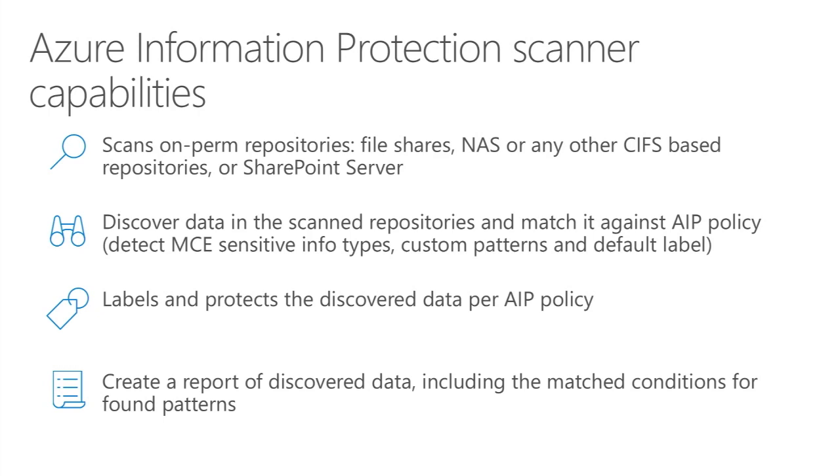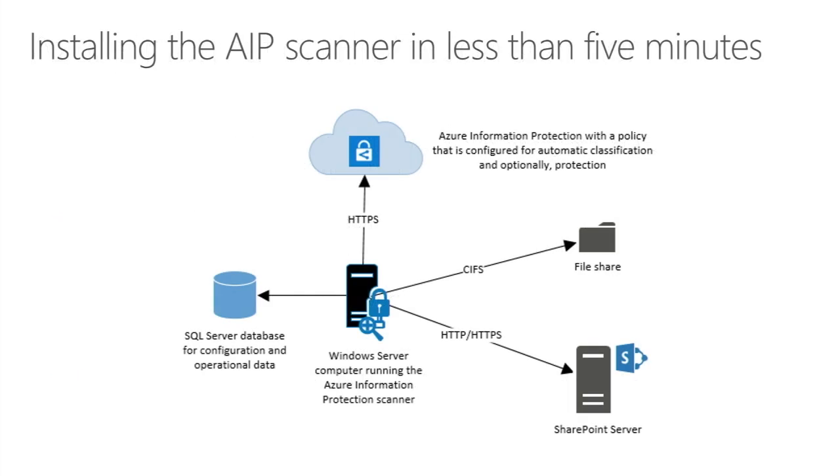So it's up to you to decide in which mode you'd like to use it. The first mode, the discovery mode, is open to everyone using the Azure Information Protection P1 license. The second one is a more advanced one, which actually does the classification as well, so that would require the premium license.